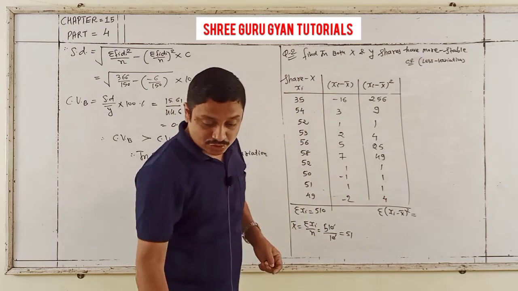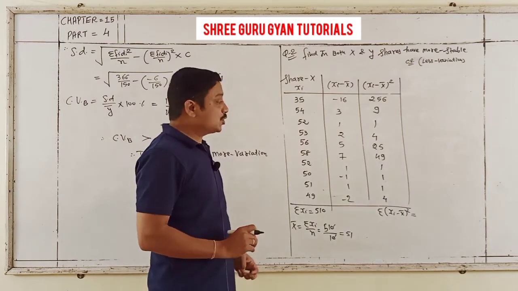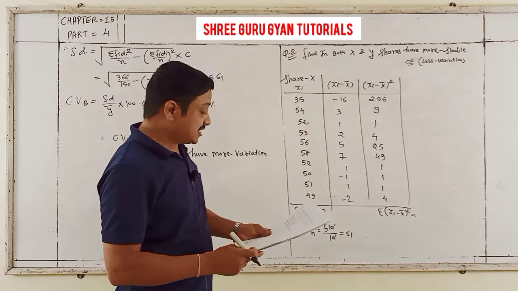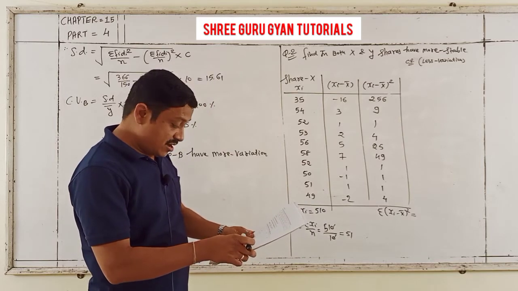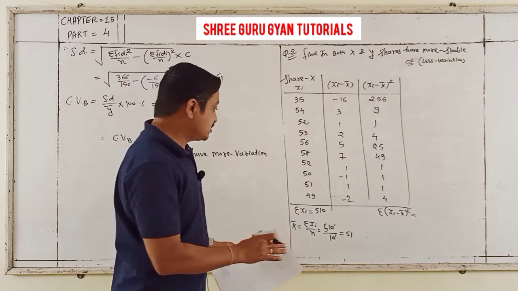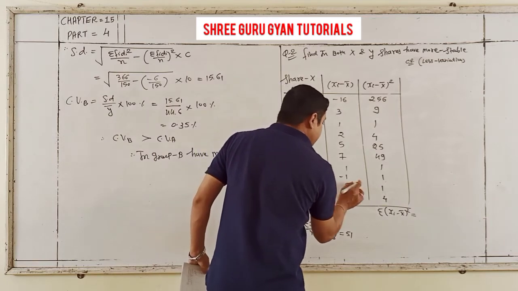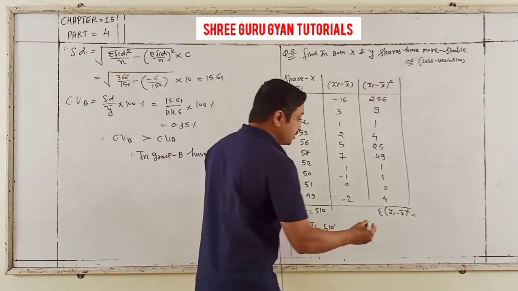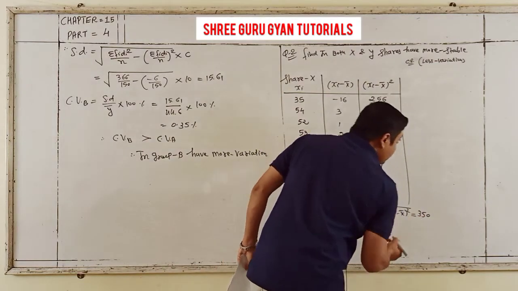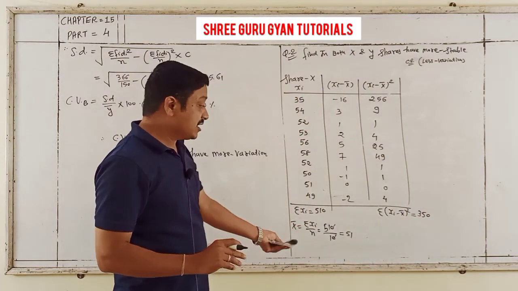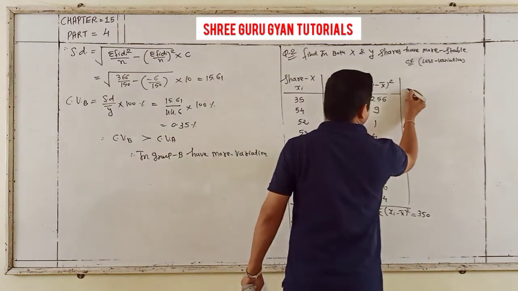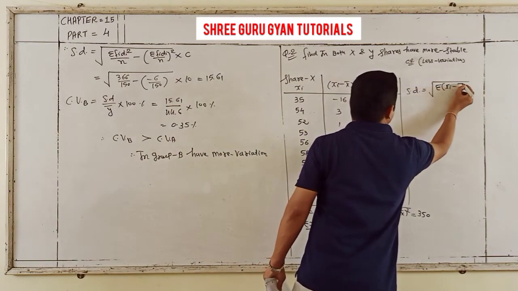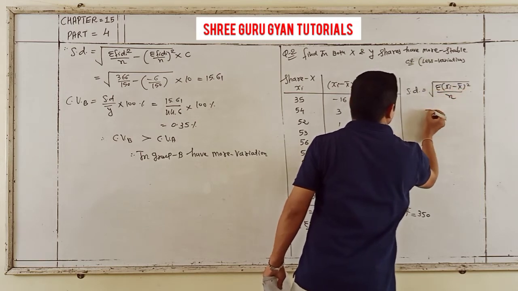And make them total, students, additions. It is your total 350, wise total summations. Xi minus x bar square: 256, 9, 4, 1, 25, 49, 1, 1, 0. Here 0, I think by mistake I wrote it. And last, students, it is 4. Total summation is 350. And now I will start to find the standard deviation. SD is under root sigma xi minus x bar whole square by n.